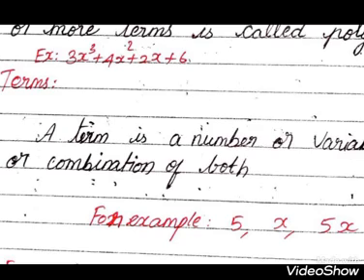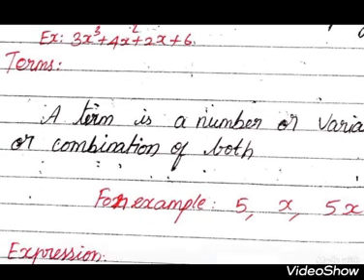But terms can be separated by the operations, and we say it as different terms. So 5x is in a product. There is no basic operation plus or minus. So we say it is only one term.